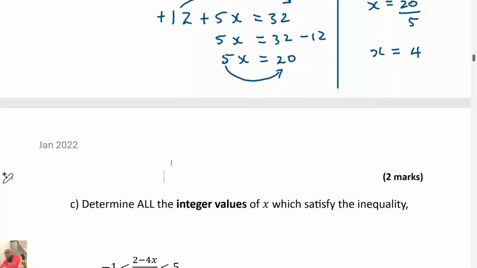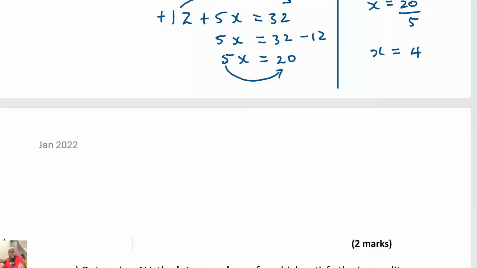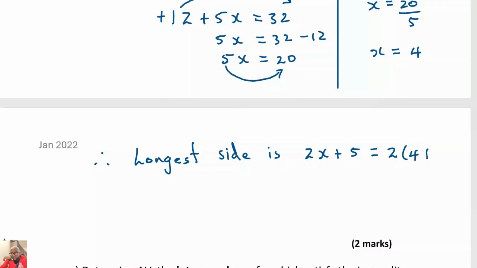So let's put, therefore, the longest side is 2x plus 5, but remember that x is 4, so it'll be 2 by 4 plus 5, which will give me what? How many centimeters is the longest side? 4 2s are 8 plus 5 is 13 centimeters.